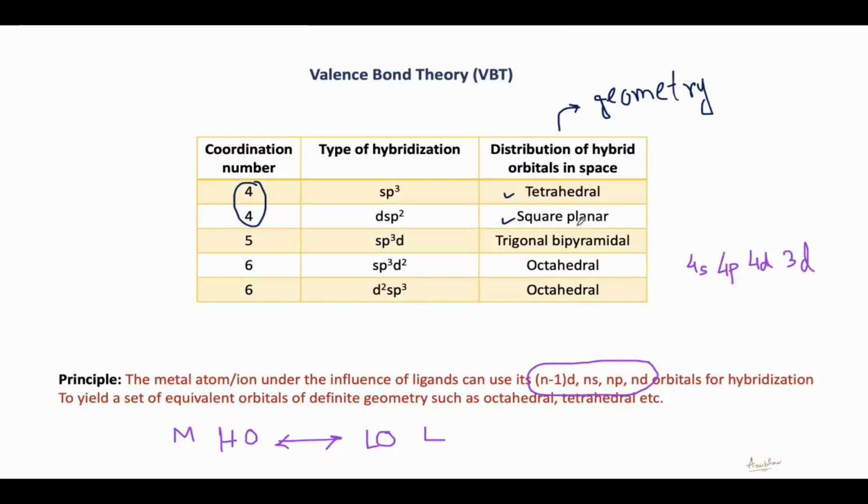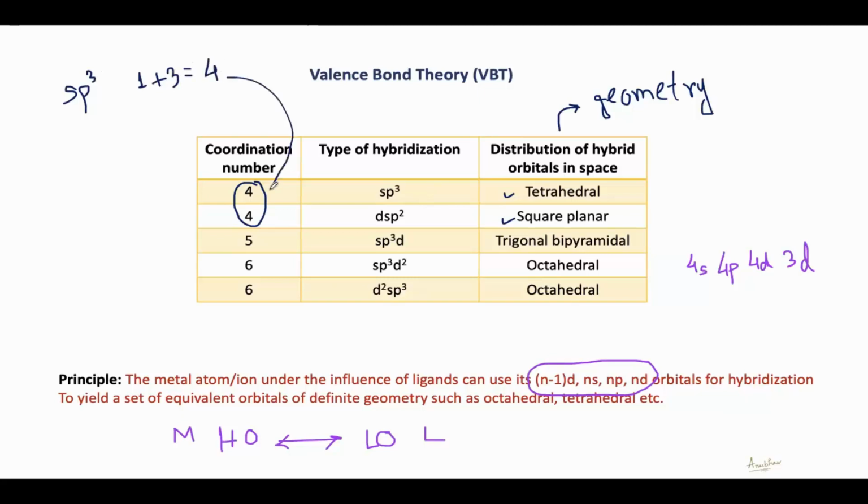Let's have a look at how we will remember this. You have to calculate the number of orbitals, and the number of orbitals must be equal to the coordination number. Suppose we have sp3 tetrahedral. We have one s orbital and 3 p orbitals, which is equal to 4.